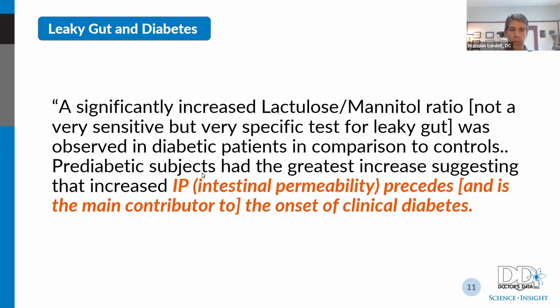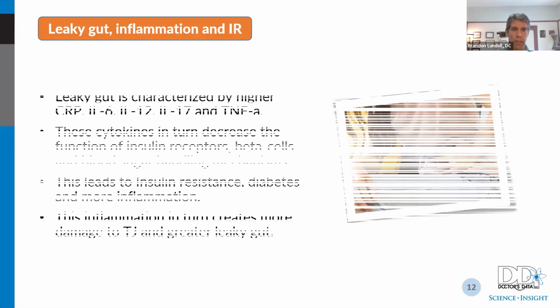So these pre-diabetic subjects had the greatest increase, suggesting that increased intestinal permeability precedes and is the main contributor to the onset of clinical diabetes. So that was like, hey, nobody at the time is really talking about treating leaky gut for diabetes, both type 1 and type 2.